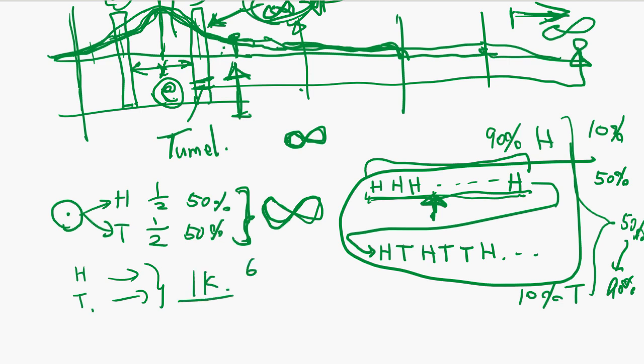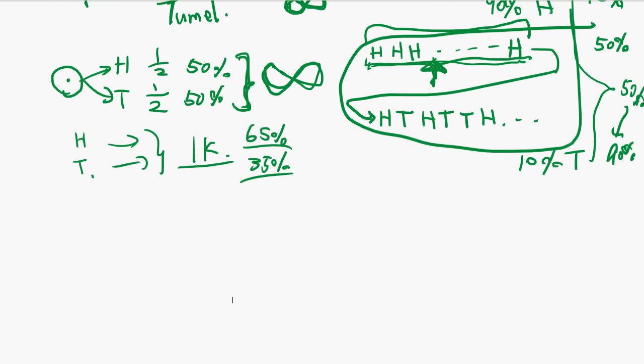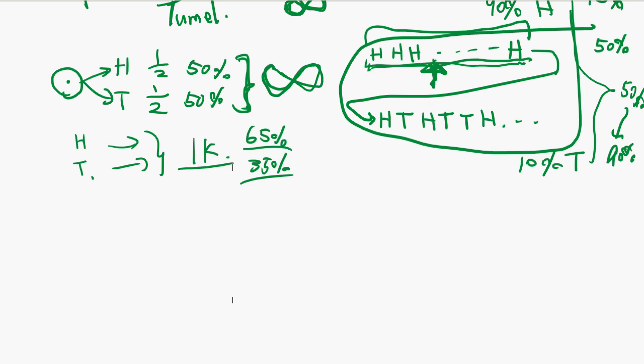It could be 65% and 35%, right? Who knows? So infinity causes a lot of trouble in real physics. When you say infinite in physical things, there's a lot of controversy that shows up.